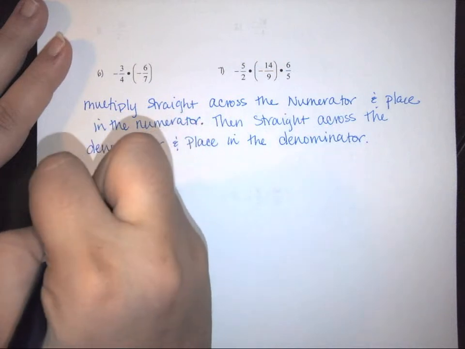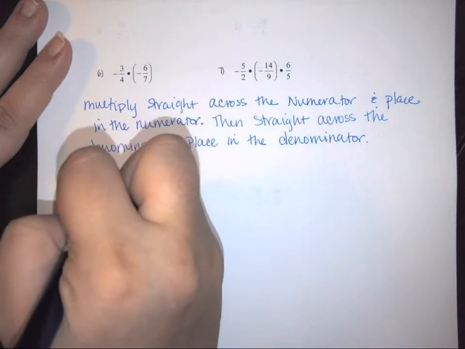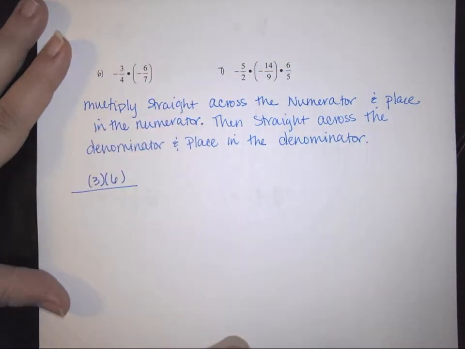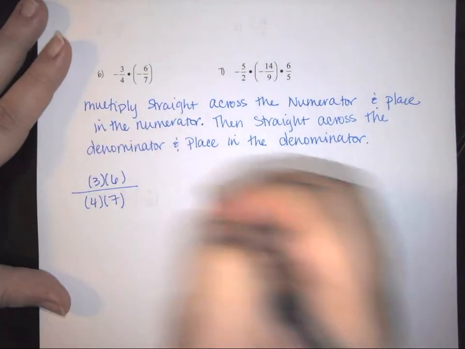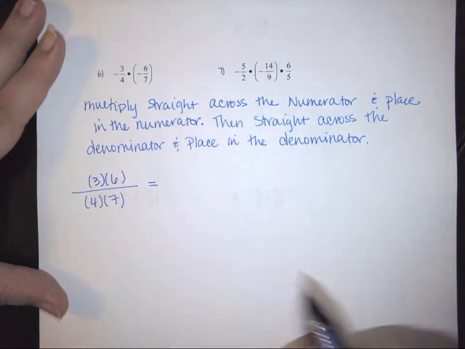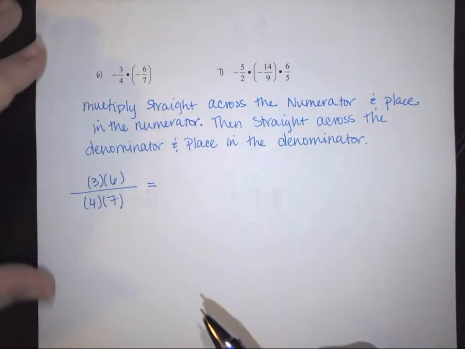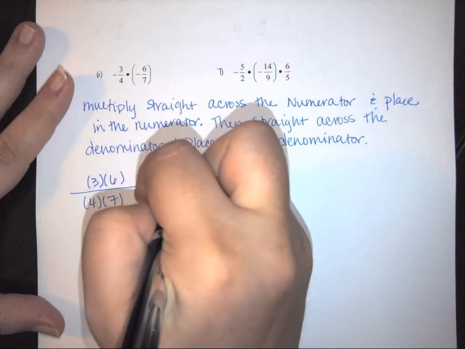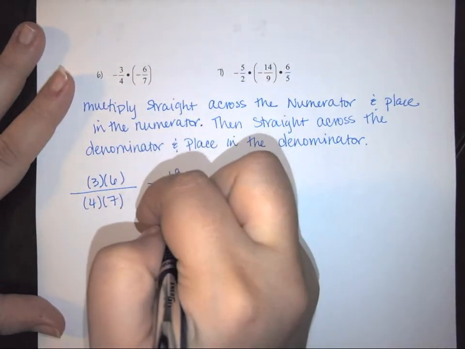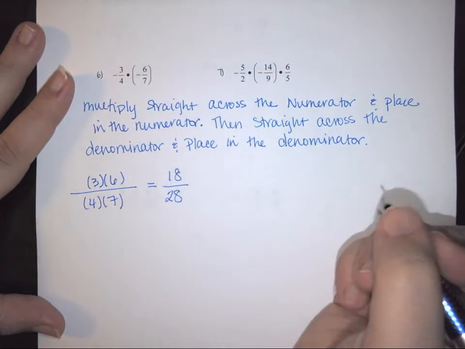This is going to be 3 times 6. Then straight across the bottom, which is 4 times 7. 3 times 6 gives you 18, and 4 times 7 gives you 28.